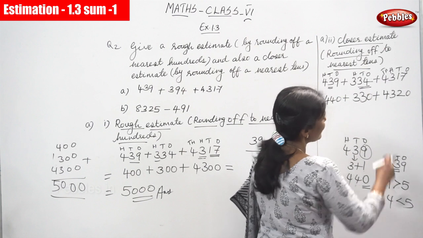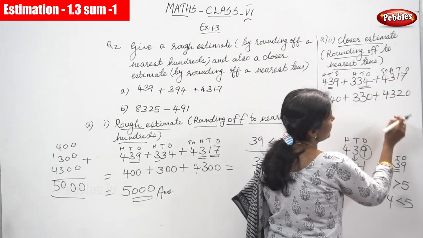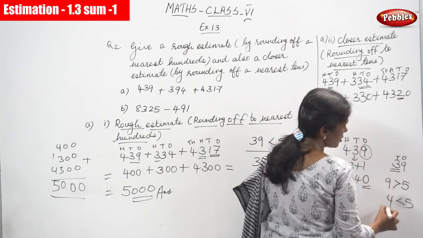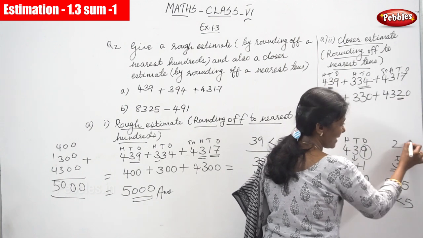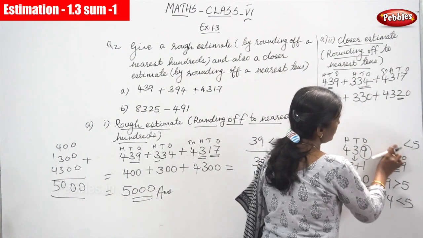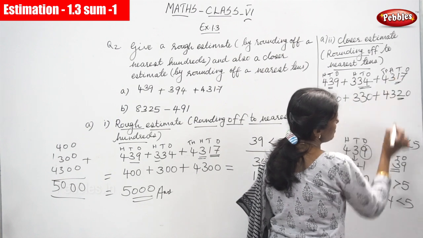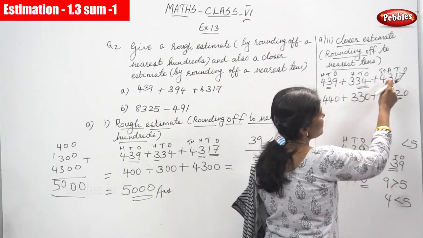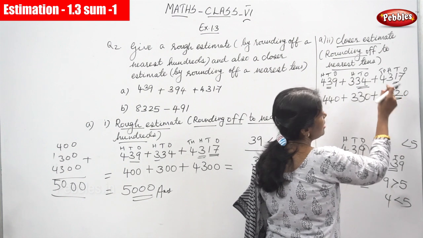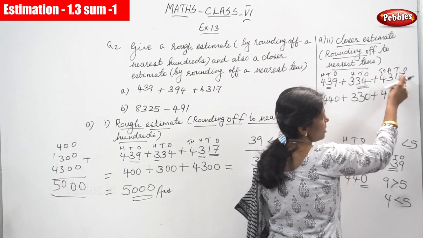4317. Okay, nearest to 10. So this is ones, tens, hundreds and thousands. 4317: 4 in the thousands place, 3 in the hundreds place, 1 in the tens place, and 7 in the ones place.